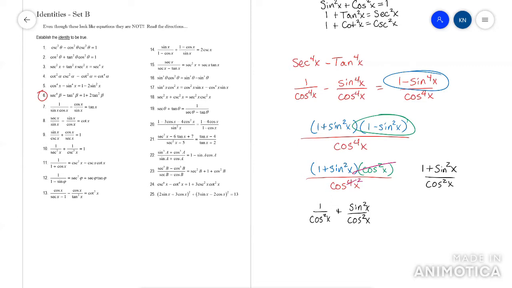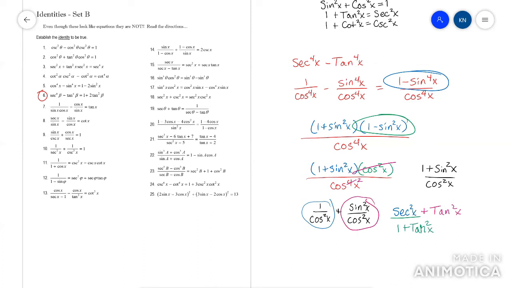All right, the reason you want to do this is because now you can call this right here secant squared, and you can call this right here tangent squared, and then you can use your rule, the middle rule, to change secant squared to be 1 plus tangent squared.